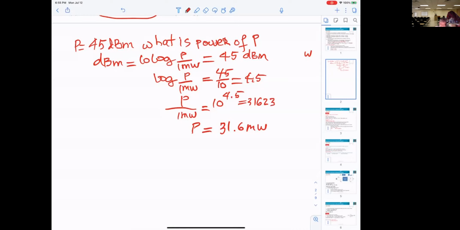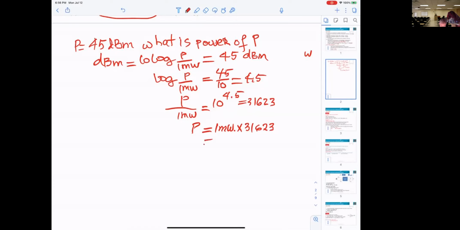Okay. So P will be equal 1 milliwatt times that number. Okay, they will be equal 1 milliwatt times 31,623.